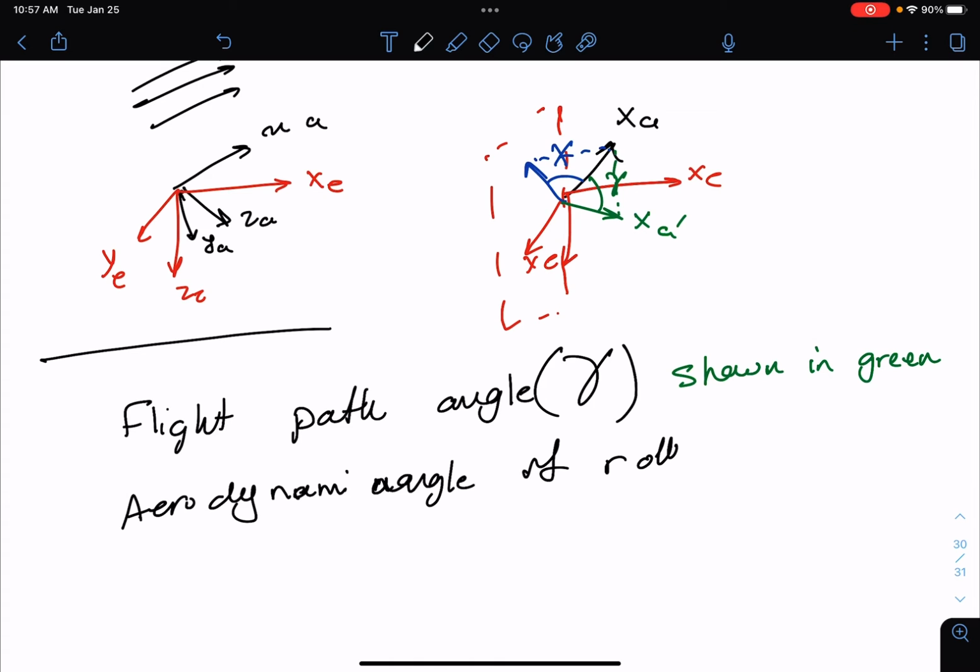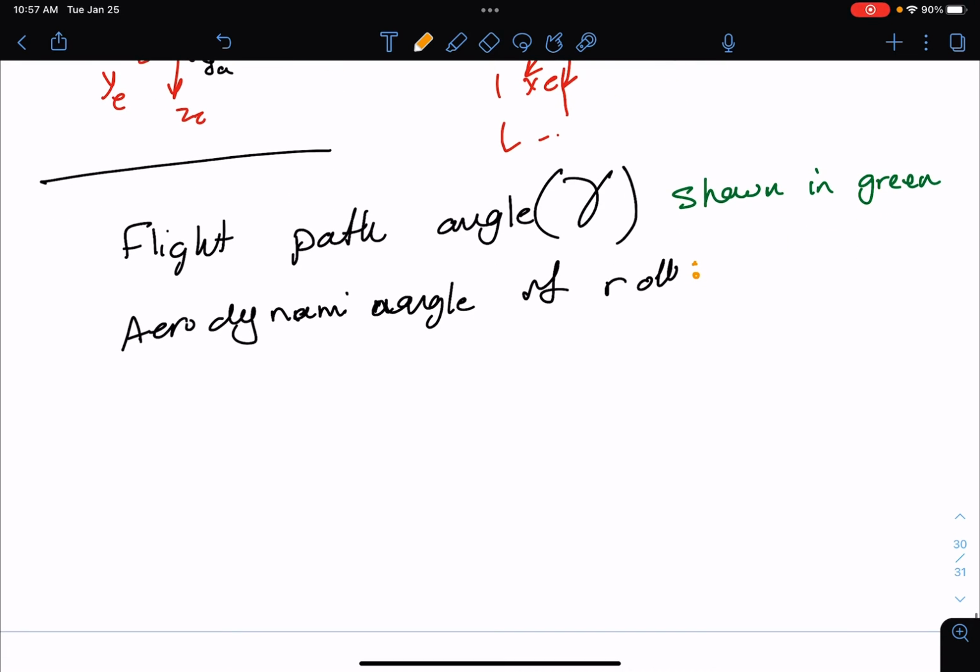Which is going to give B the angle between, I'm going to use orange for this angle, the angle between the YA axis and again the intersecting lines of the YAZA plane and the XEYE plane.